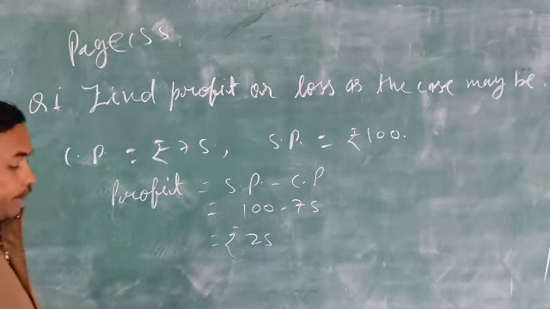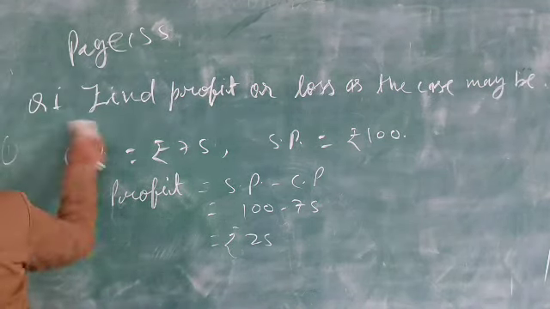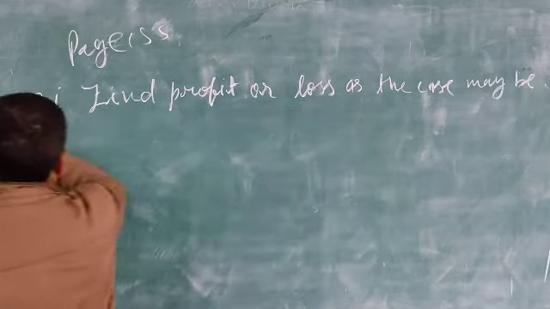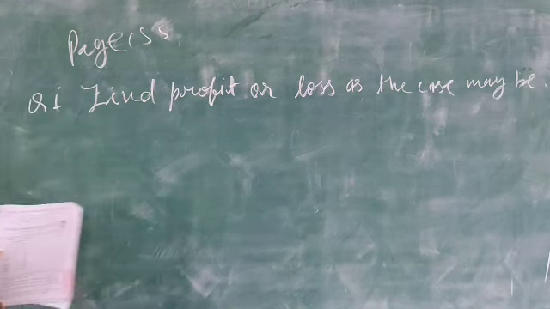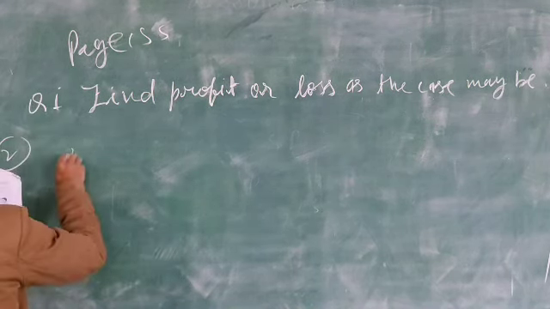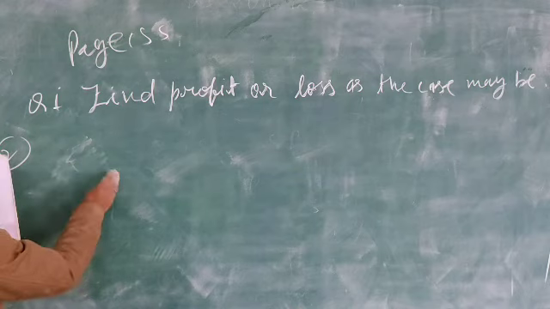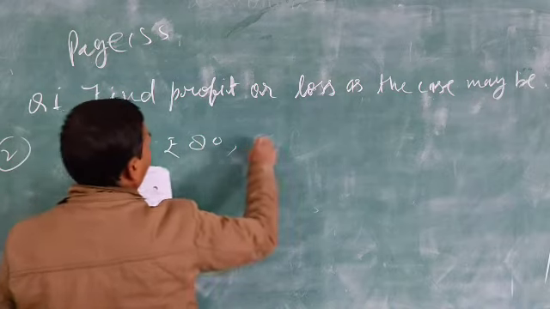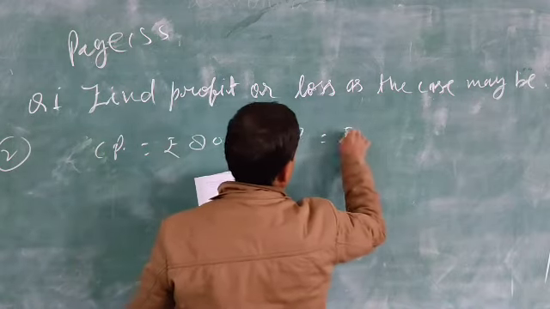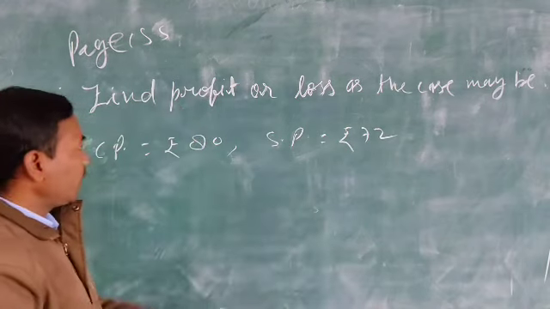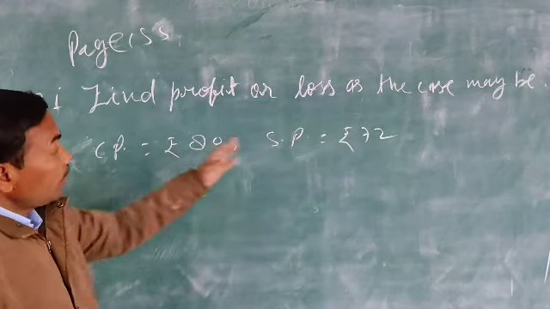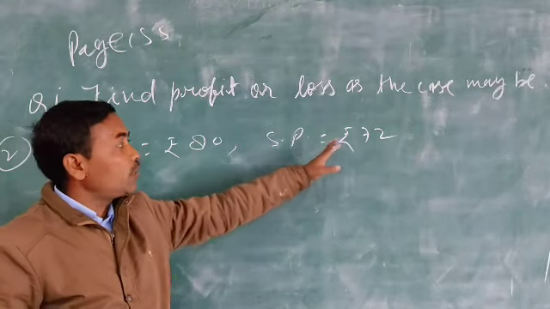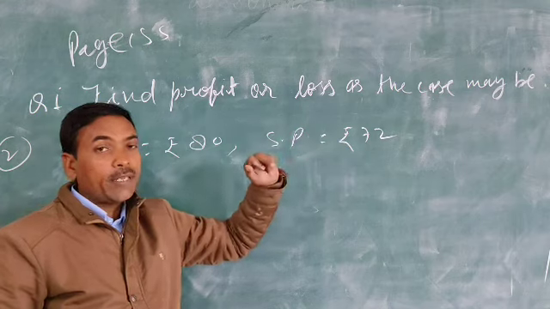Now second one, see. In the second, CP is given as rupees 80 and SP is given as rupees 72. So see children, here you are losing something. You are buying the article for 80 rupees and selling that article for 72 rupees.